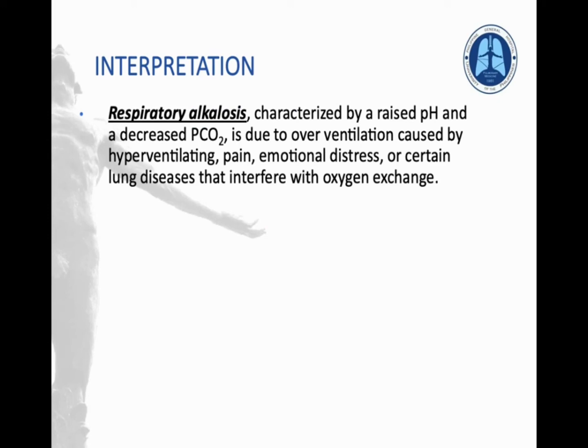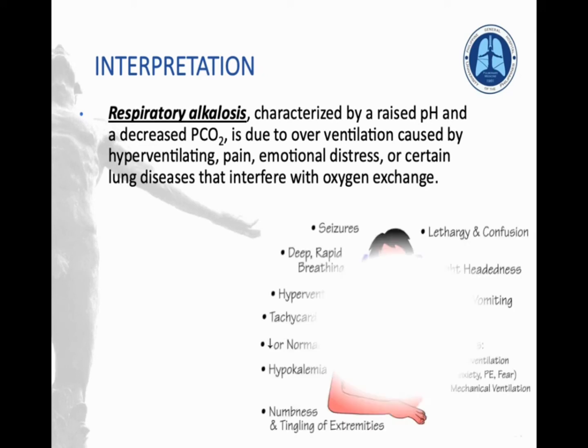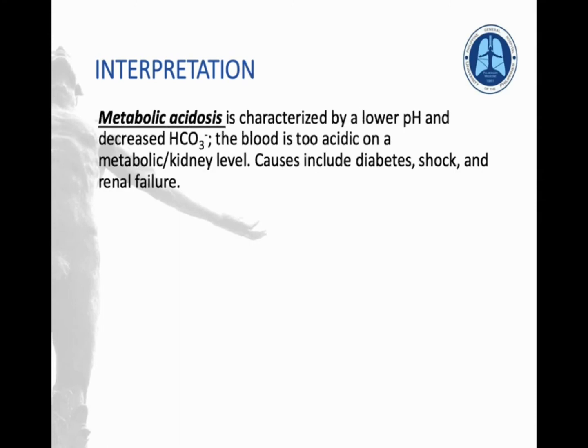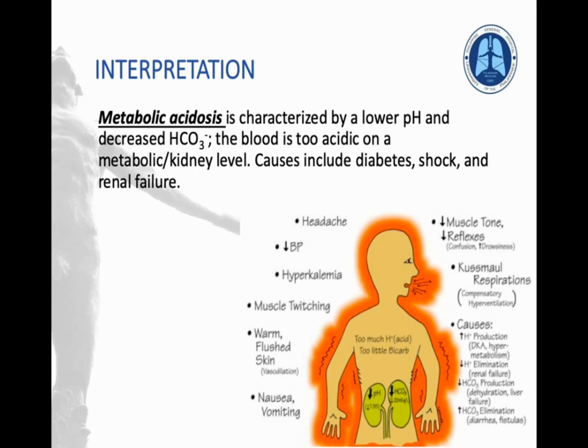Respiratory alkalosis is characterized by a rise in pH and a decreased PCO2. This is due to overventilation caused by hyperventilating, pain, emotional distress, or certain lung diseases that interfere with oxygen exchange. Metabolic acidosis is characterized by a lower pH and a decrease in bicarbonate.